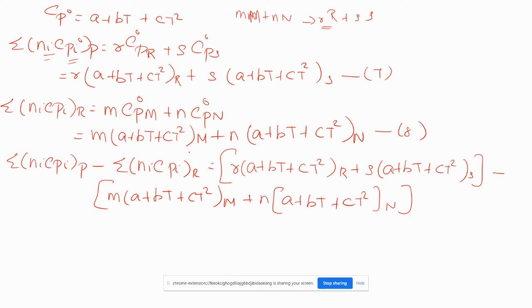So now you multiply this. Expand the equation. So R into A R plus R B R T plus R C R T square. Just multiply and expand by substituting the suffix.